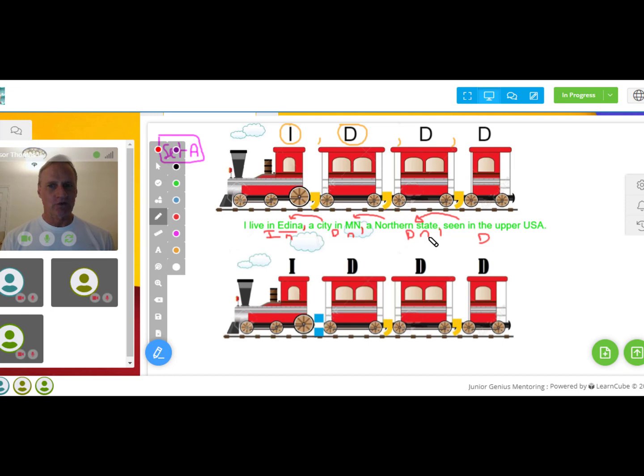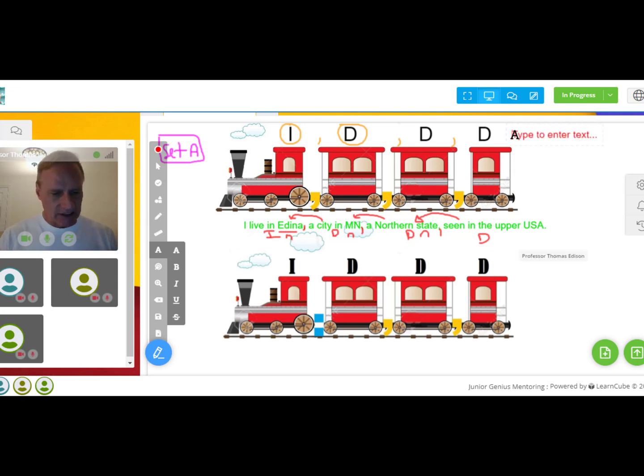Let me give you an example, and we'll just type this out in red. Sam went running. And running is a verb.